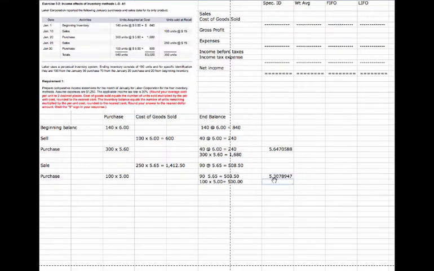My new cost is $5.31 as my new average cost. All right? So what I have here is if I add these two together, I've got ending inventory of $1,008.50. And now my cost of goods sold here, if I add the 600 plus the 1,412, I will have my cost of goods sold of $2,012.50.